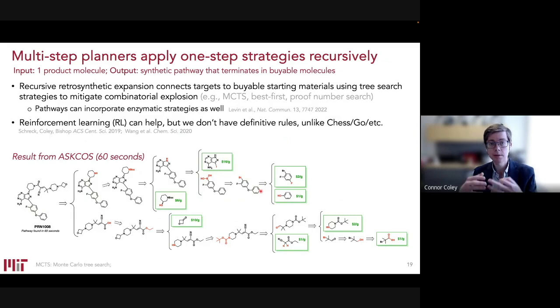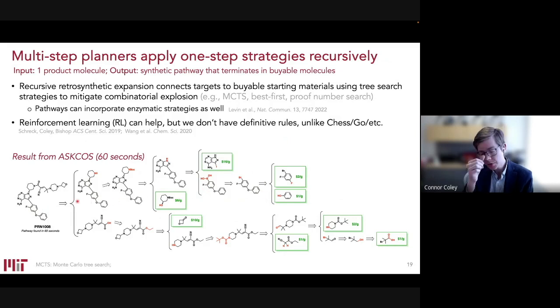And so this becomes a very large search tree, right? It grows exponentially with the increase in reaction steps. And so to rein in that complexity, people use Monte Carlo tree search, different heuristic best-first searches, and proof number searches to try to manage this space and learn how to navigate these options.